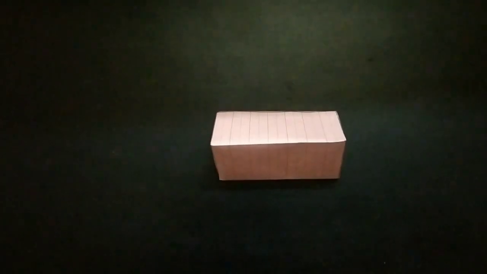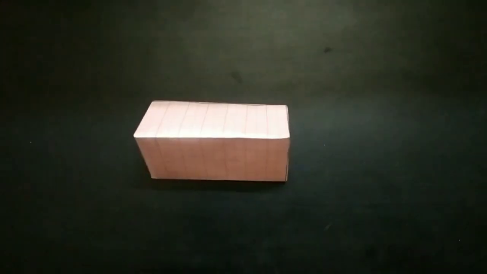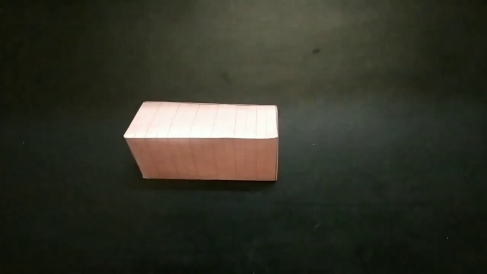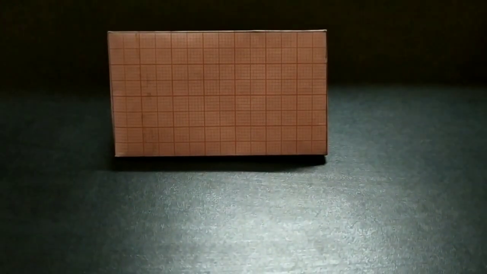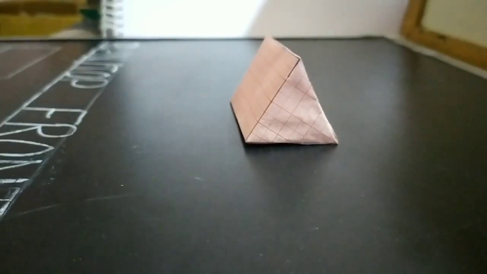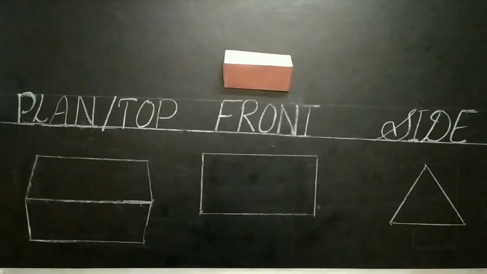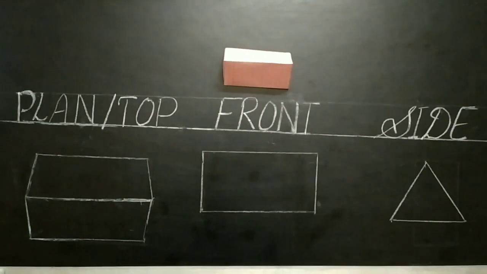Now let's have a look at the top view of the shape. So this is the top view. As you can see, 2 rectangles like this, the front view, and the side view which is a triangle. And here are all 3 views, top, front and side, together.